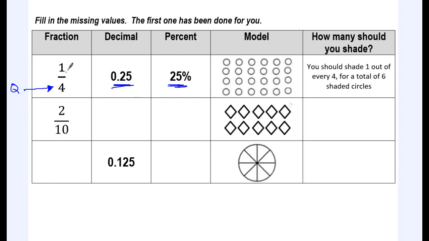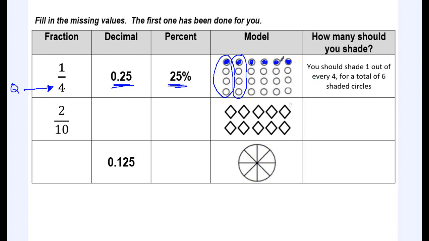So I'm going to do the 1/4. 1/4 means 1 out of 4. So I need to shade 1 circle out of every 4. And looking at the model, I can see that the columns make groups of 4. So I need to shade 1 circle out of this group of 4, 1 circle out of this second group of 4, and then 1 out of this group of 4, 1 out of this one, and 1 out of this last group of 4.